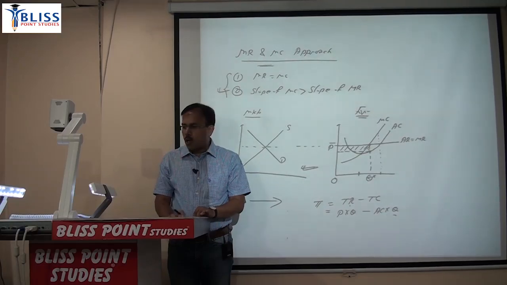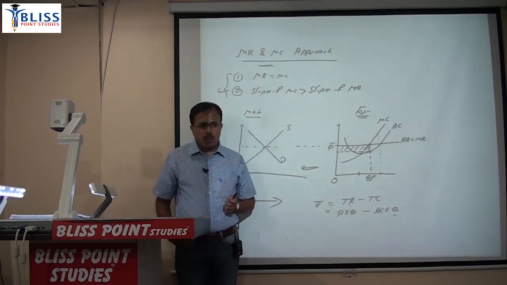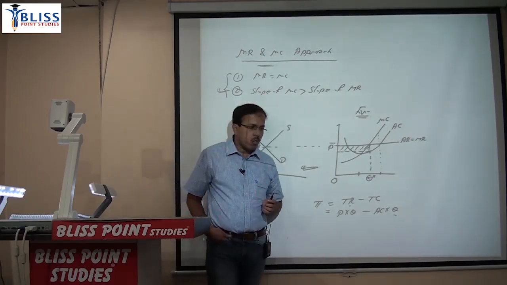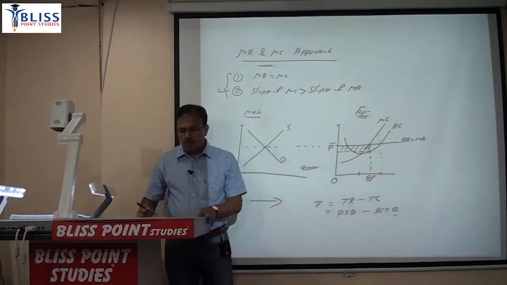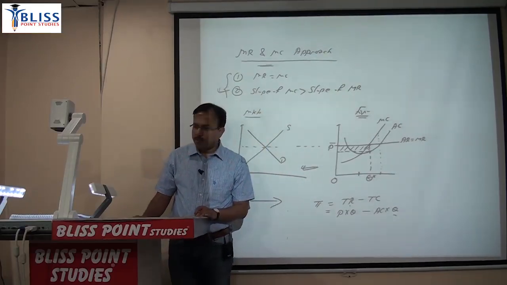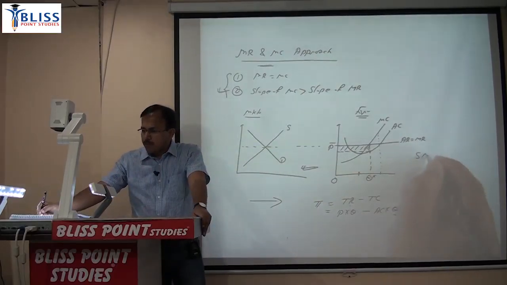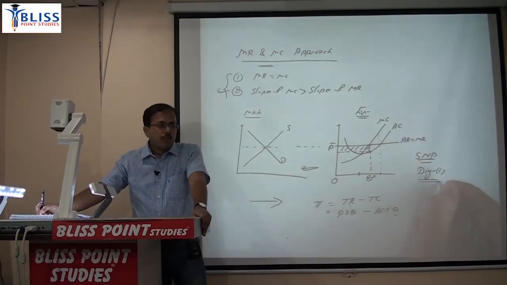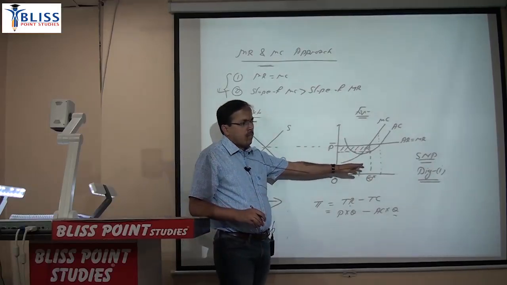Full stop. In short run, if price is greater than average total cost, then there will be supernormal profit. In bracket just write diagram 1.